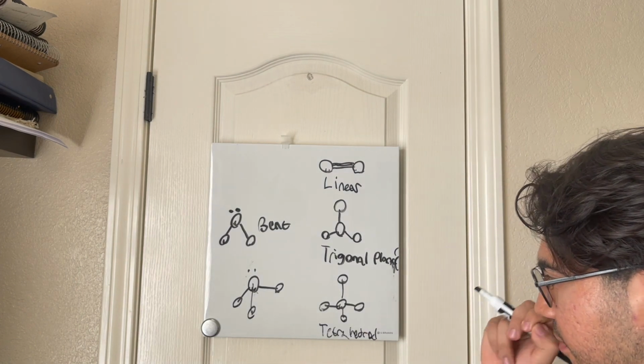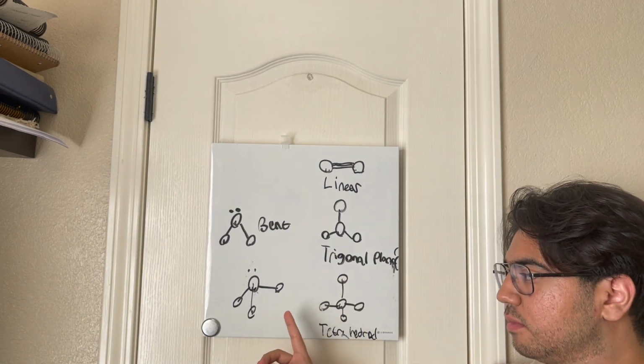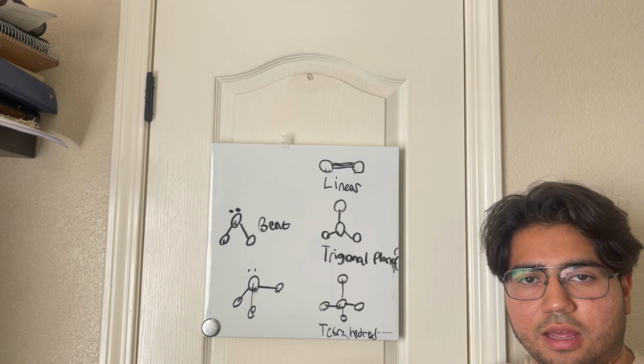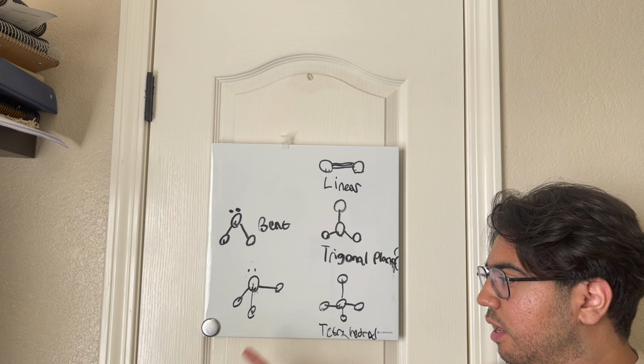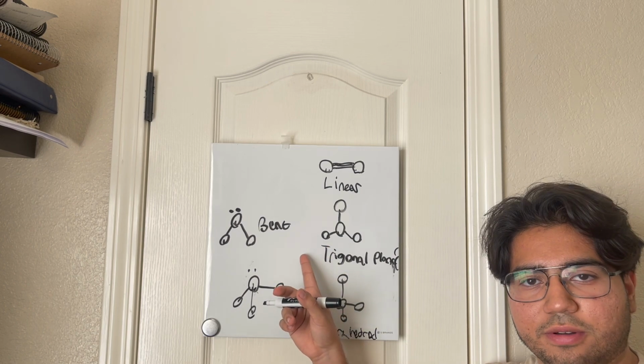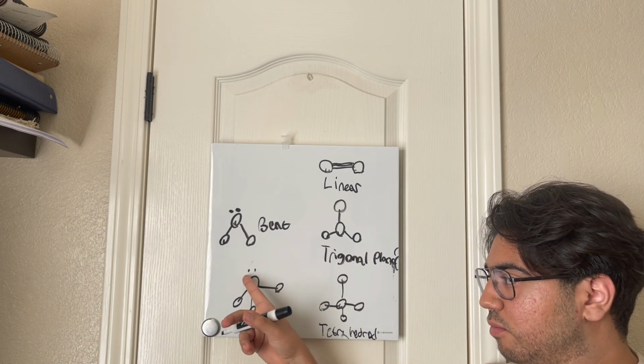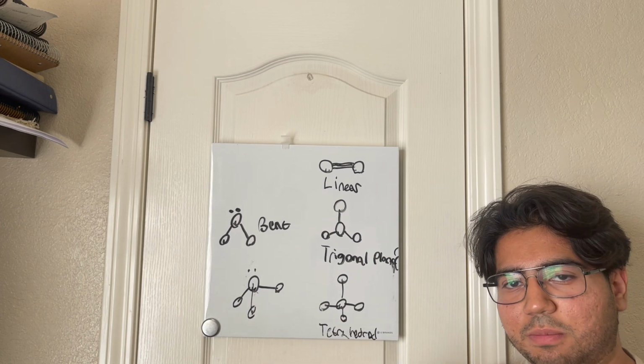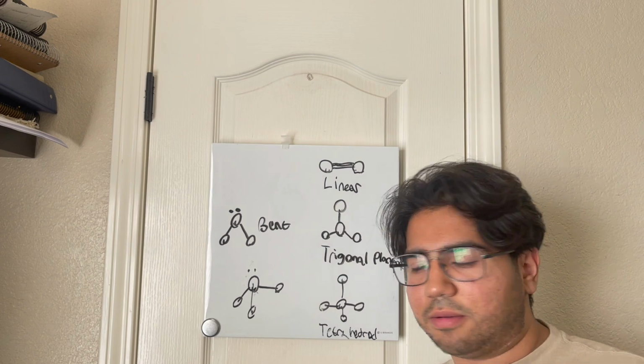So it would take this kind of shape. And as you can see, it kind of looks like a trigonal, but we have these electrons, so it kind of takes the shape of a pyramid. And that's the name.